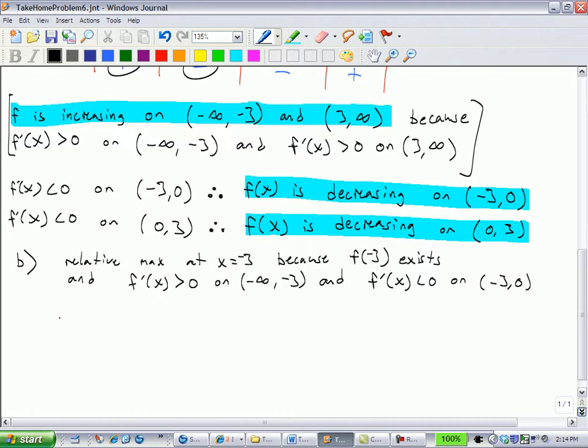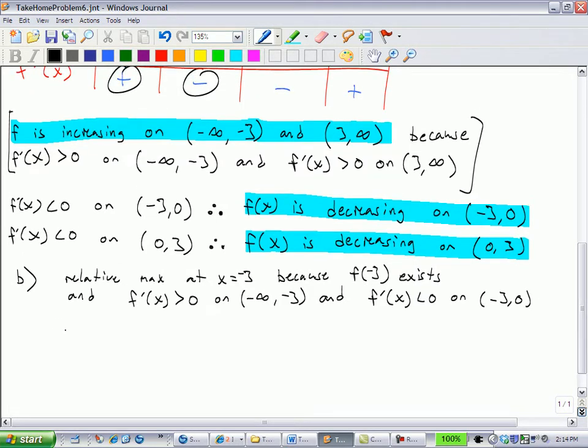So we'll do the same thing, but now for the relative min that you guys had identified. If you got a minimum, do you go from decreasing to increasing or increasing to decreasing?